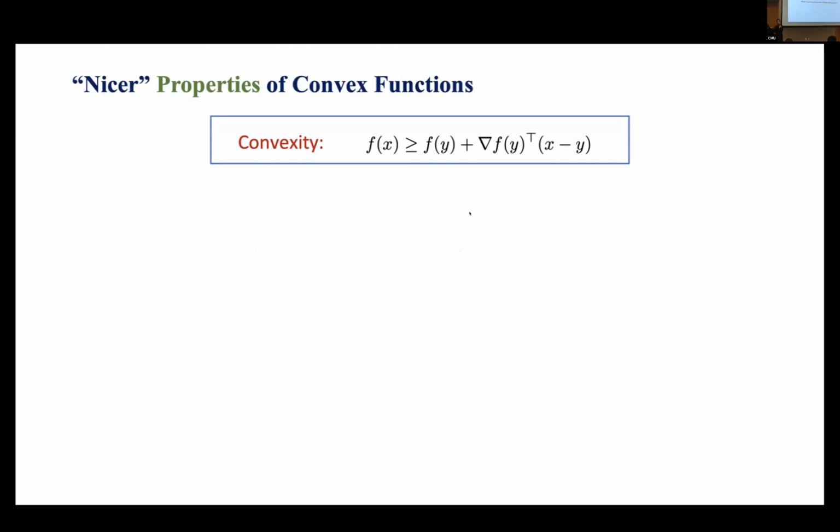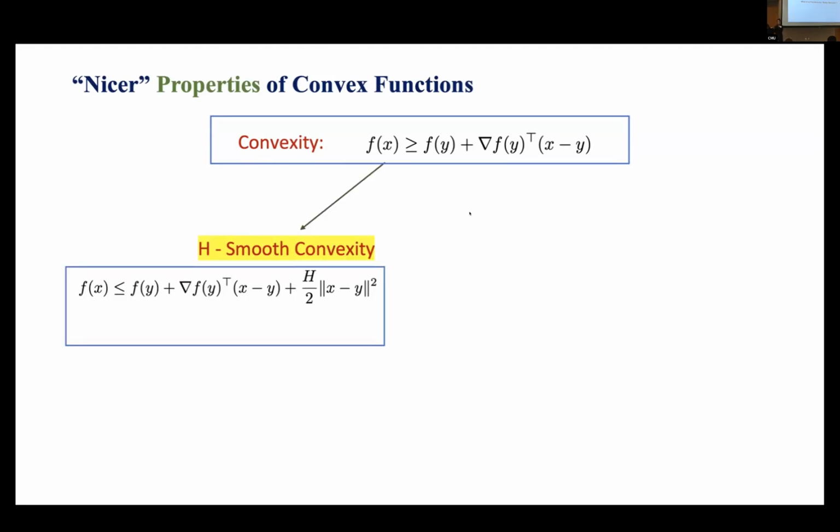So let's assume more properties on the convex functions. Some of you might already have seen these properties; just to briefly introduce them. One property of a convex function is smoothness. It says that the function is convex, but at the same time, the value of the function at any point x can be well approximated by its quadratic approximation. If I take the second order Taylor series approximation of the function, my function value should be upper bounded by it.